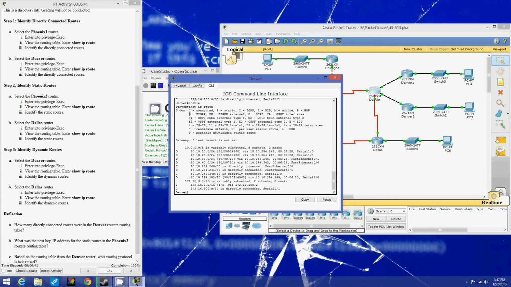So we're looking for dynamic now. So right here, all these right here are dynamic. They were automatically assigned interfaces and IP addresses on a /24 network.